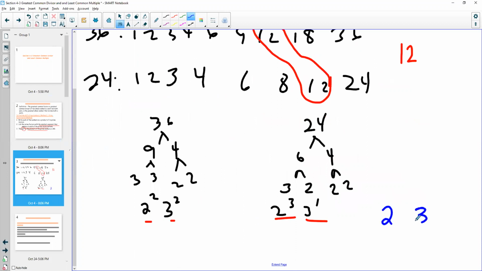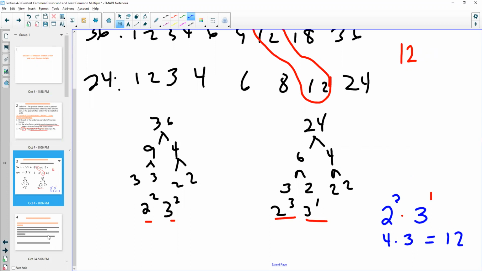Then I look at both sides for the smallest exponent. This is a 2 squared, this is a 2 cubed, so I'm going to use 2 squared. This is a 3 squared, and this is a 3 to the first, so I'm going to use 3 to the first. So 2 squared is 4, times 3 is 12. Interesting, right?